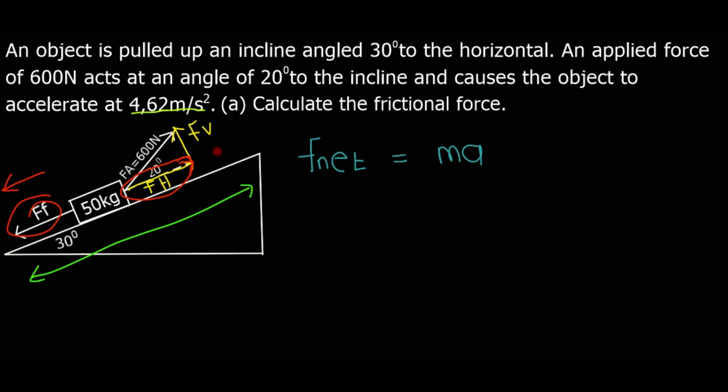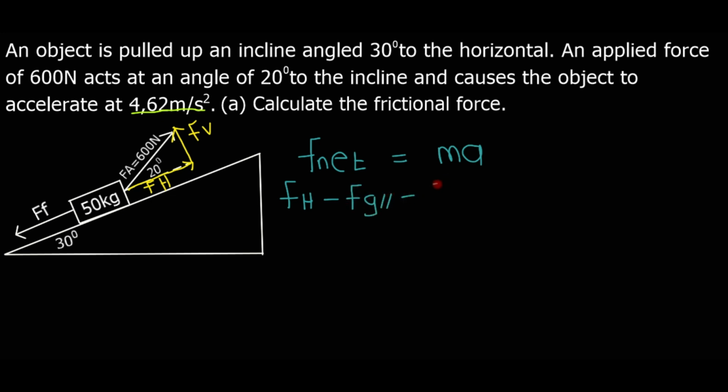This FH is in this direction, so it is positive. But the friction and FG parallel are negative. So now let's substitute: FH minus FG parallel minus friction equals MA.